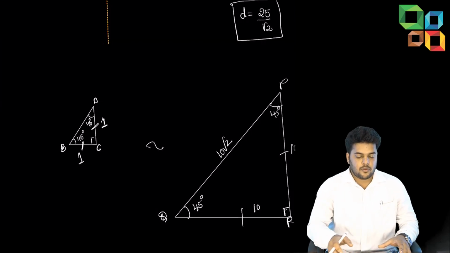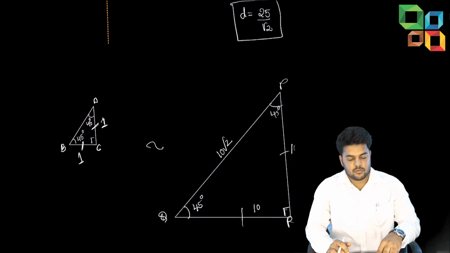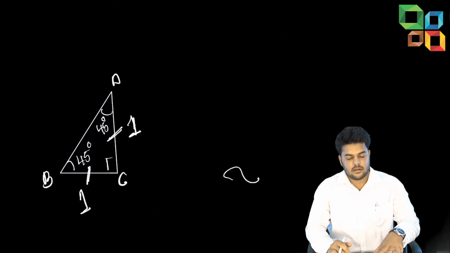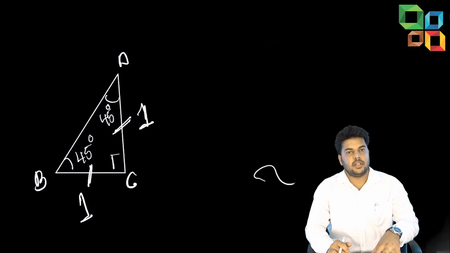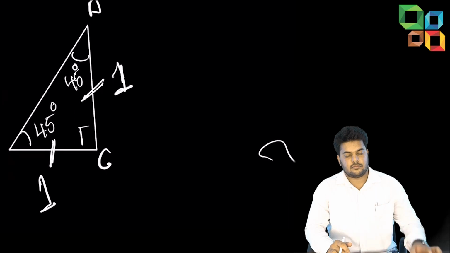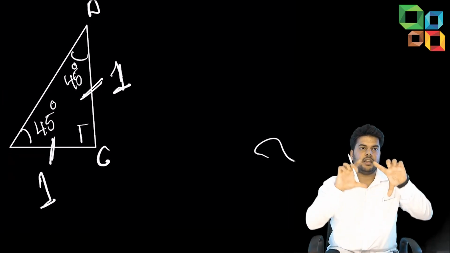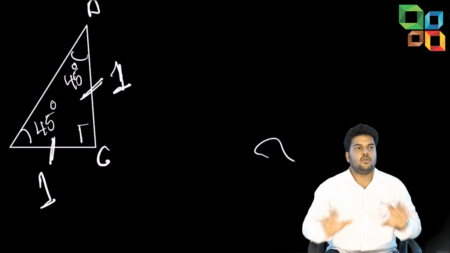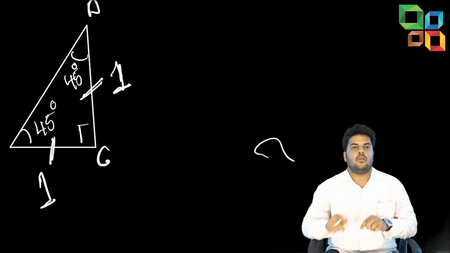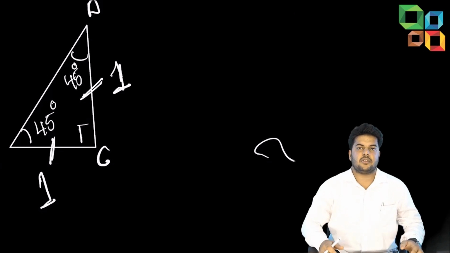What does that mean? If you've got a smaller triangle over here, how do you get the big triangle? You have to zoom that, isn't it? You zoom all the sides properly, so that the triangle becomes bigger. You zoom every side in the same proportion. You don't zoom one side at some ratio and another side at some other ratio.